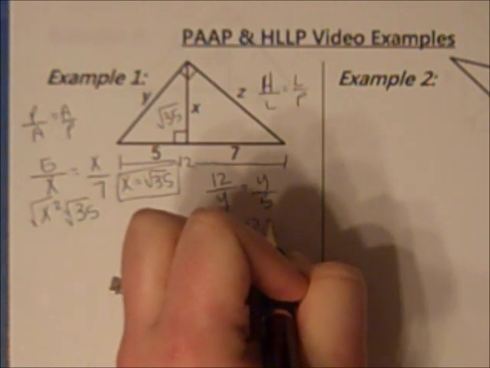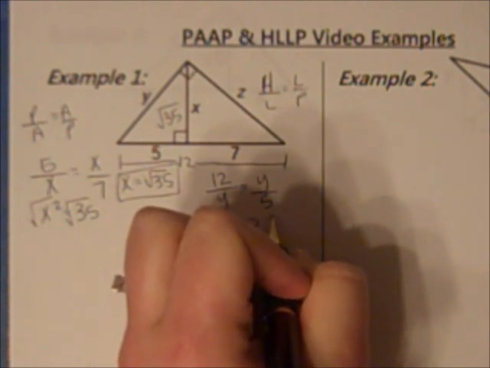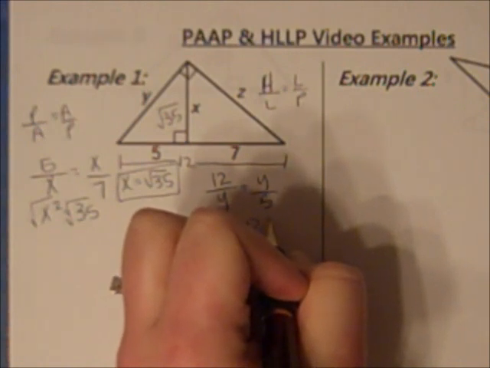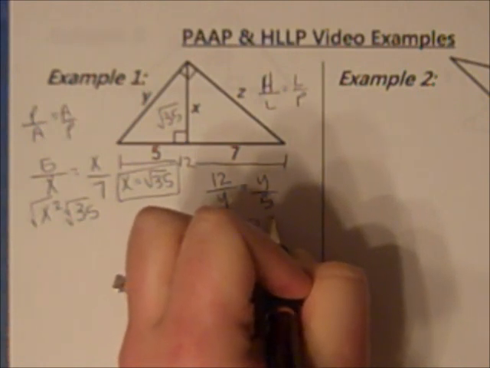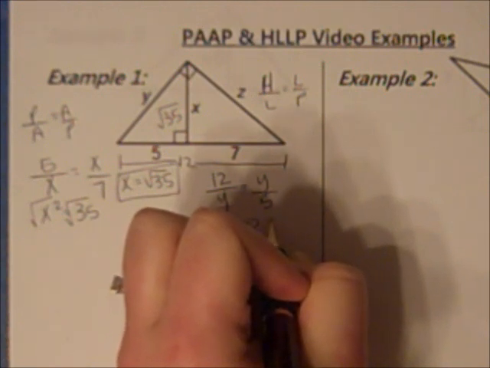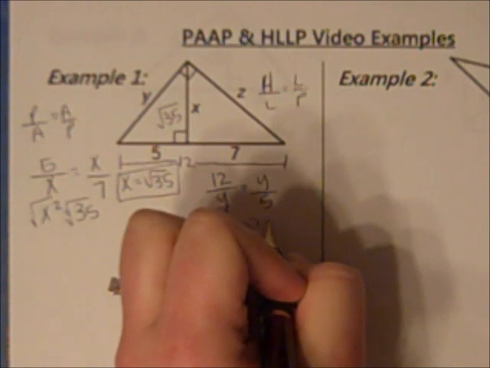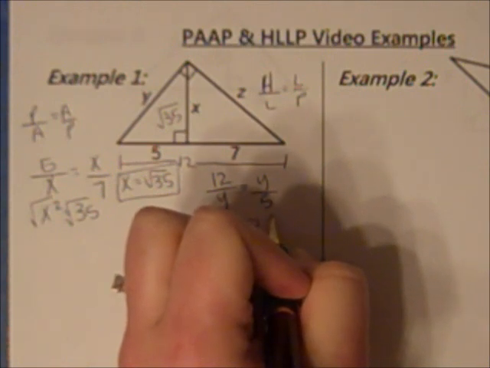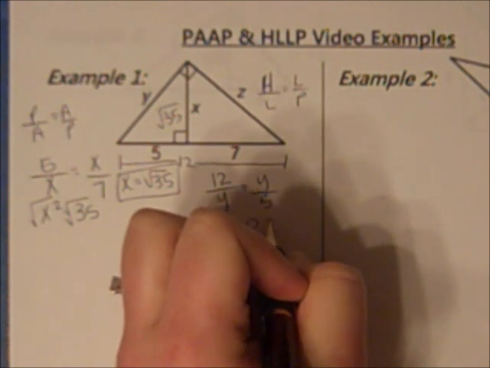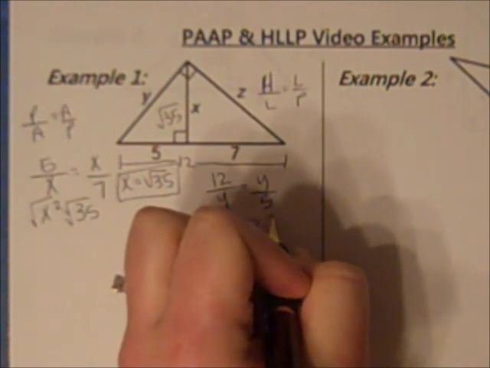This is 468. Let's see. Okay, so this is going to be 4 and 117. 117 is 9 and 13. 13 is prime. So square root of 4 is 2. Square root of 9 is 3. So this would be 6 on the square root of 13.